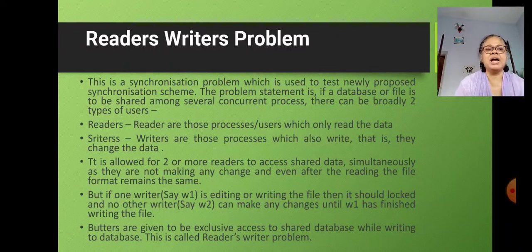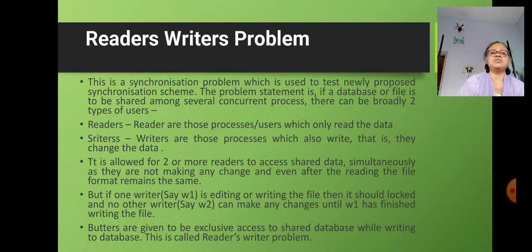To ensure that these difficulties do not arise, we require that the writers have exclusive access to the shared database while writing to the database. This synchronization problem is referred to as the readers-writers problem. Since it was originally stated, it has been used to test nearly every new synchronization primitive. The readers-writers problem has several variations, all involving priority.